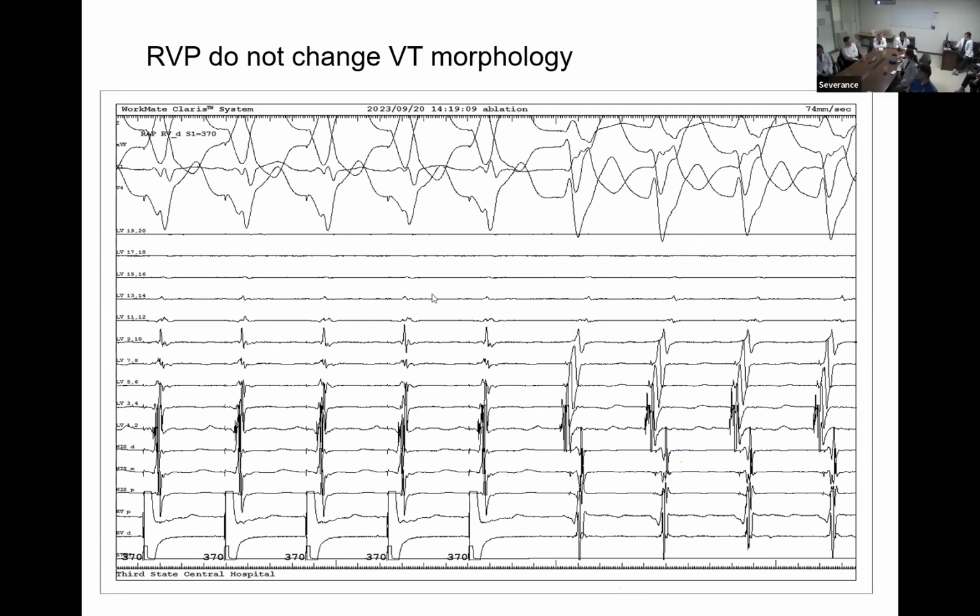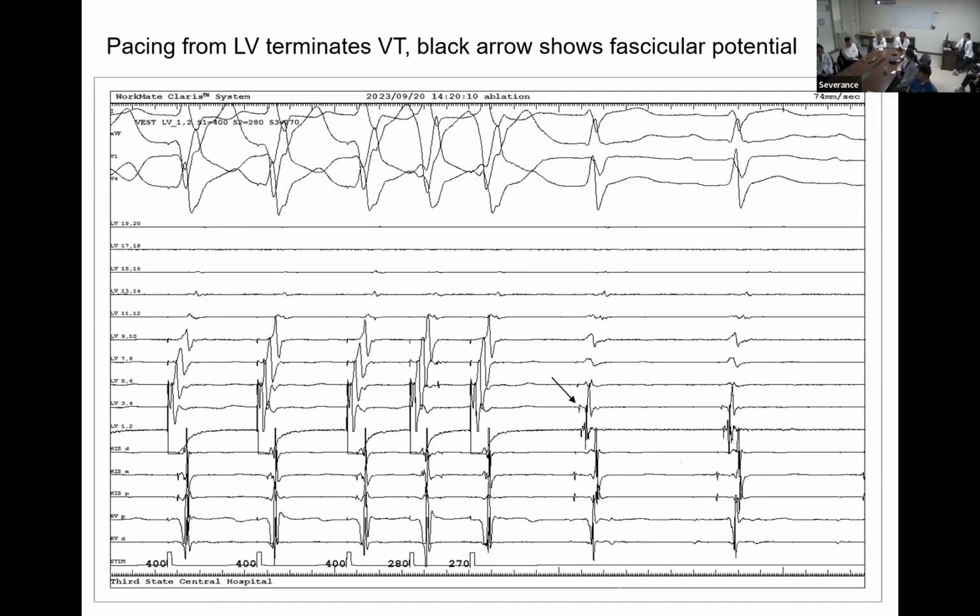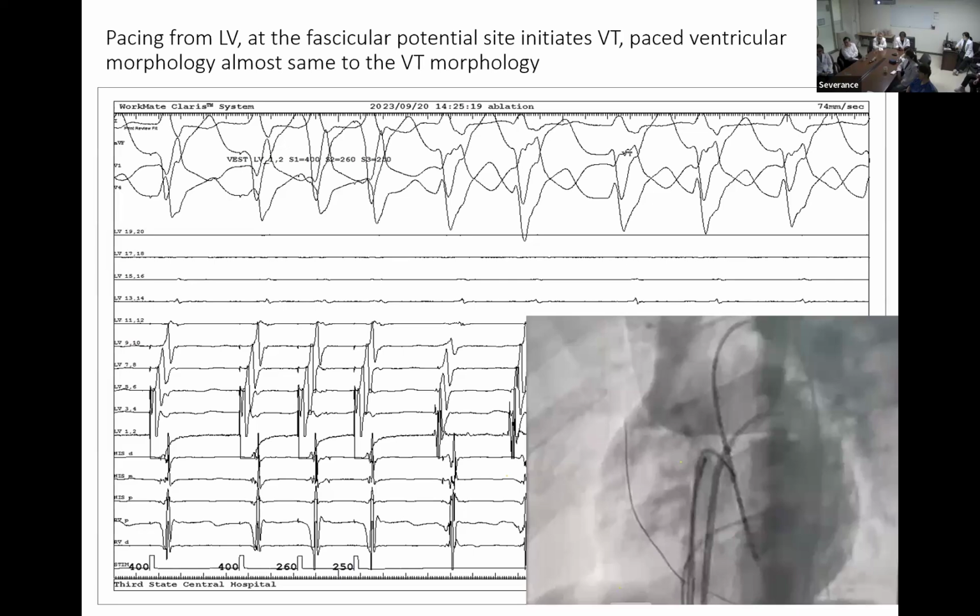If we perform CS entrainment pacing, you can pace the CS at various cycle lengths, so you can confirm the fixed fusion and progressive fusion. The CS is far from the reentry circuit, so we can confirm the progressive fusion from the CS pacing.